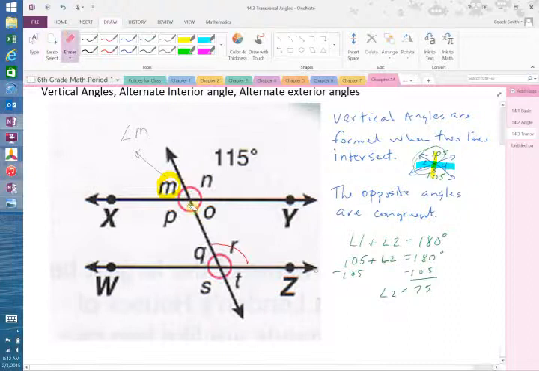I'm going to erase what I've done so far so it doesn't get confusing. An interior angle lies inside the angle. So for alternate interior, I'm going to read to you, since it's been a while since I've read this definition.